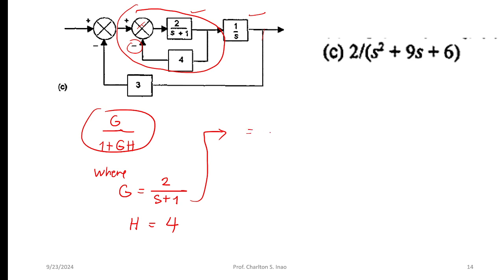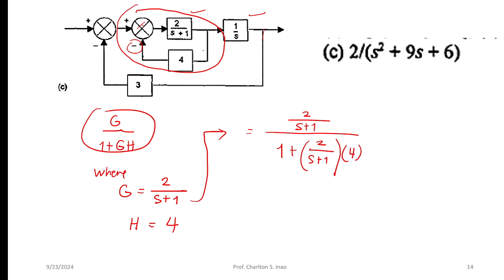So G is 2 over s plus 1, over 1 plus G. So we're going to copy this, 2 over s plus 1. Then H. H is here, 4.